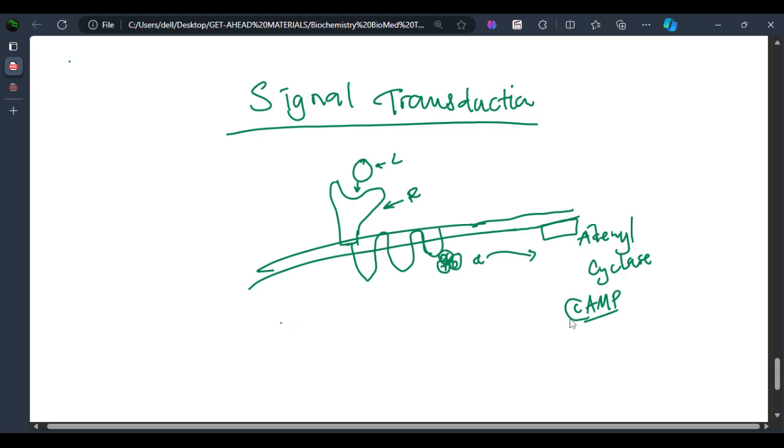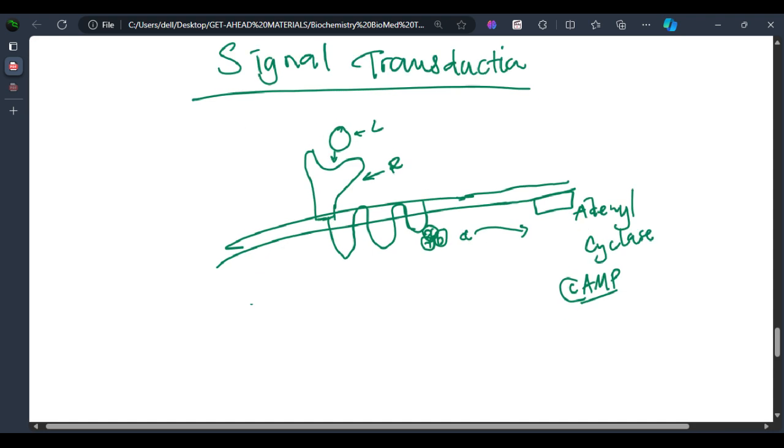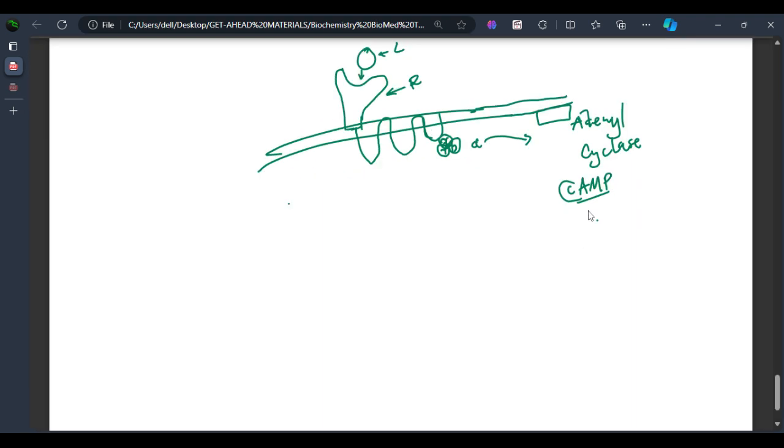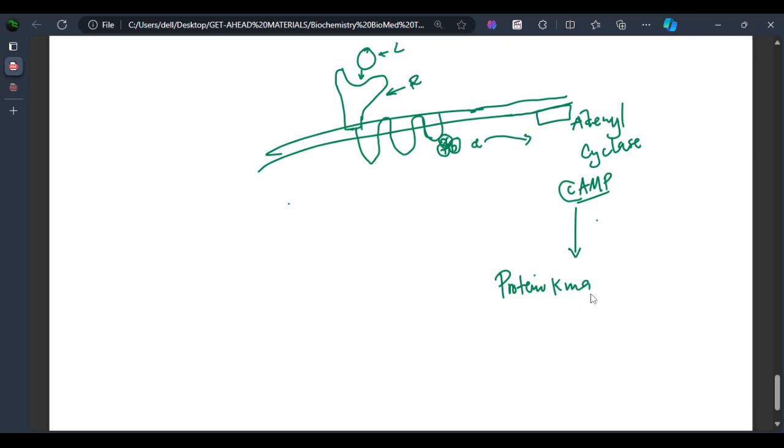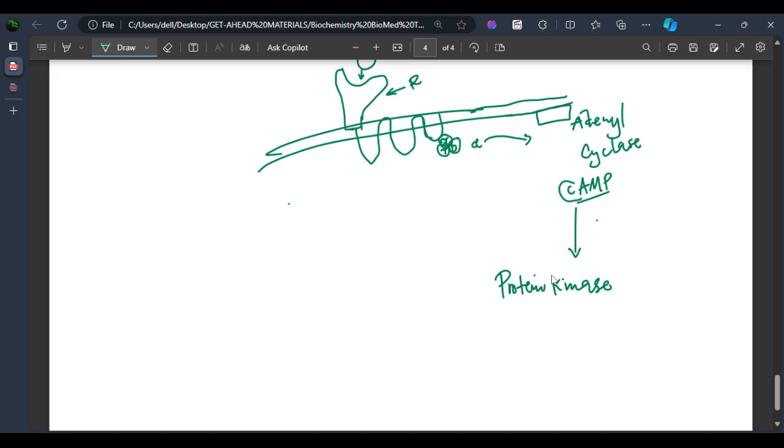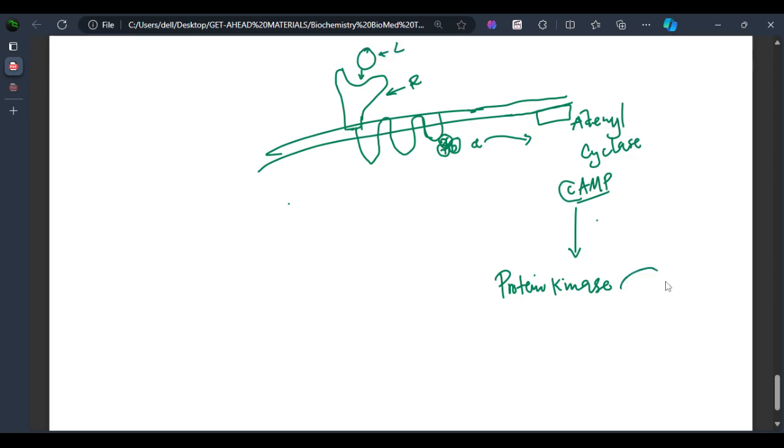So once the cyclic AMP is formed, it now has a very important role. This cyclic AMP is going to go and activate what is known as a protein kinase. Okay, so a protein kinase is going to be activated by cyclic AMP into the active form, which is activated protein kinase.